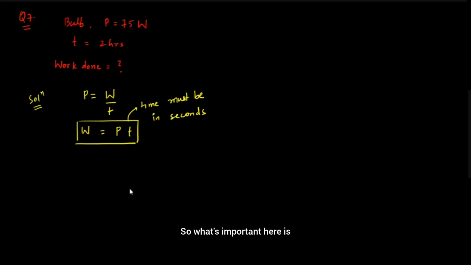So what's important here is that you convert time to seconds to get the work. 2 hours has 60 minutes. Each minute has 60 seconds.